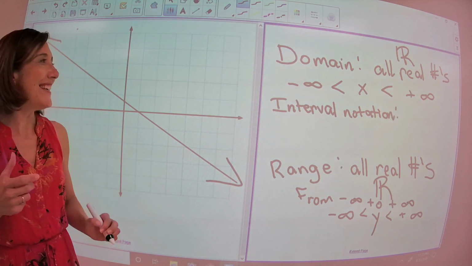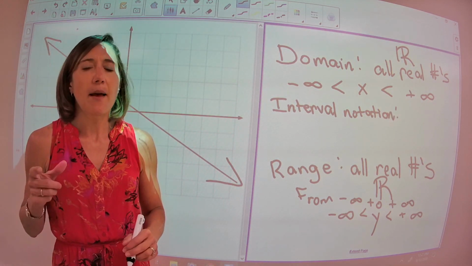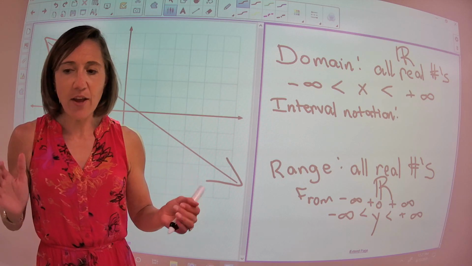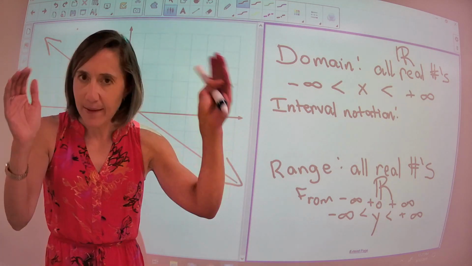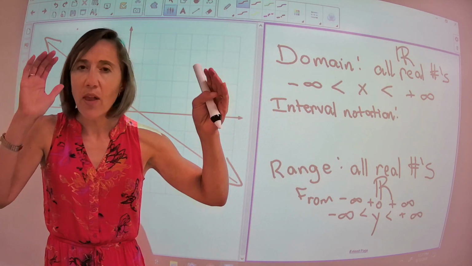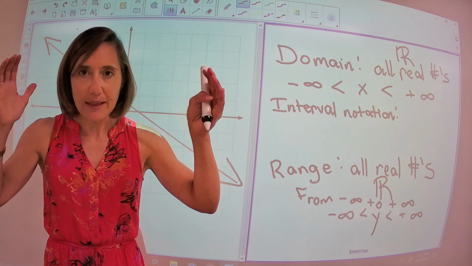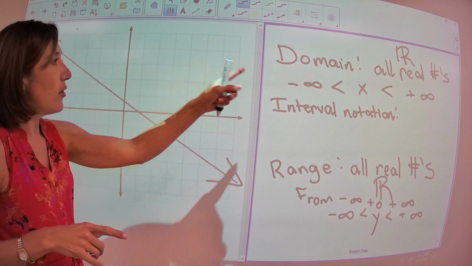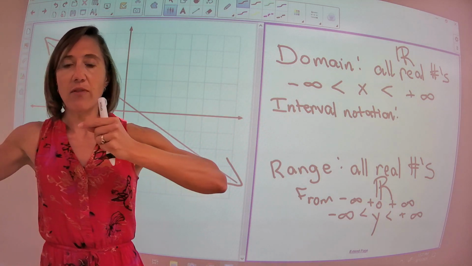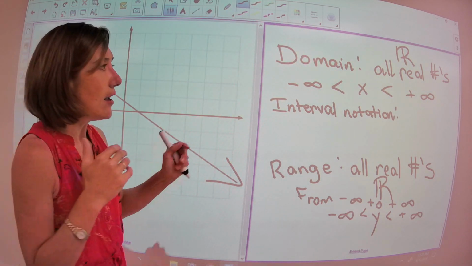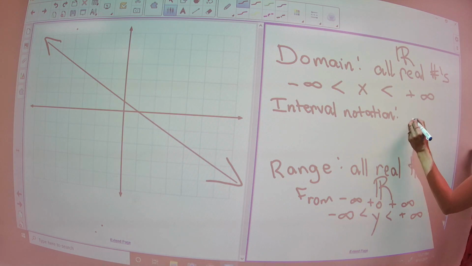Interval notation is like the sup version. It just wants to know, tell me where to start, tell me where to stop. I don't want to know a lot of extra stuff, just give me the information. So for the domain on this one, we said we could go from -infinity to +infinity. So we're going to write it like this.